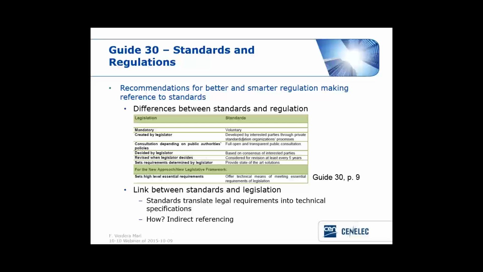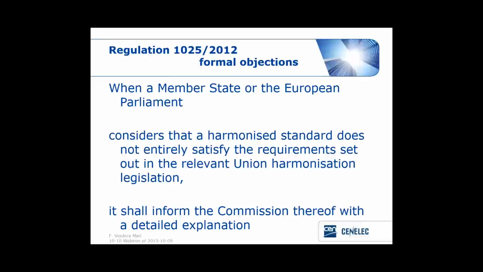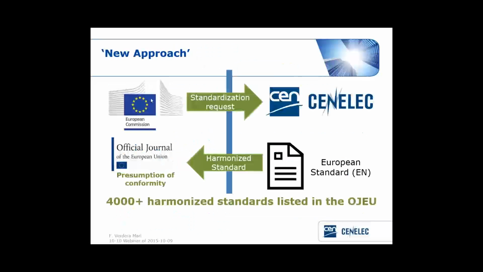Well, indirect referencing means, we go back, the regulation sets the requirements that the products have to comply with. They are generic requirements. For example, products must be safe. Or, just to give you an example, the effects of electricity in the product, well, it's not written like this.